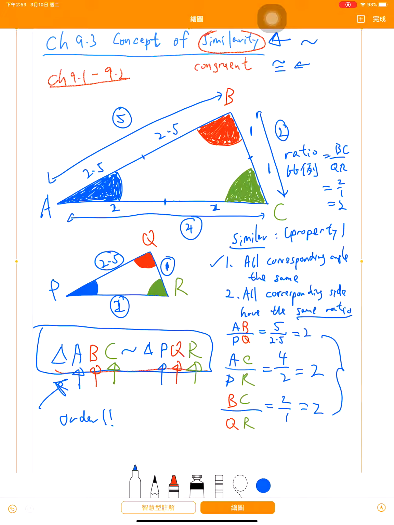And then I want to talk about one more concept, then we'll finish this video. Now I've already talked about what the meaning of similar is. That is, the shapes are equal, and the properties we get when it's similar: the angles are all the same, and the sides will be in the same ratio.